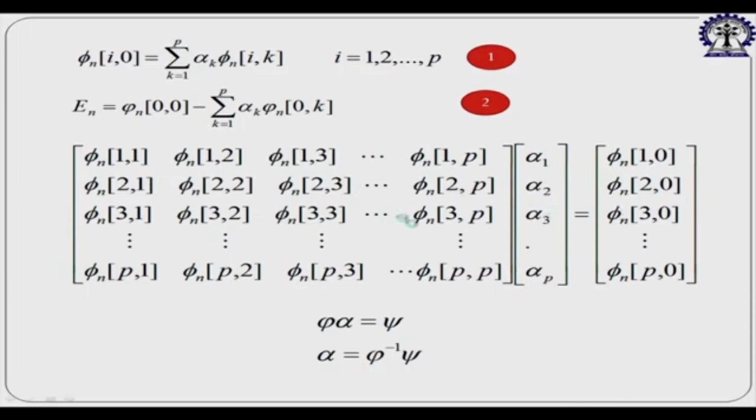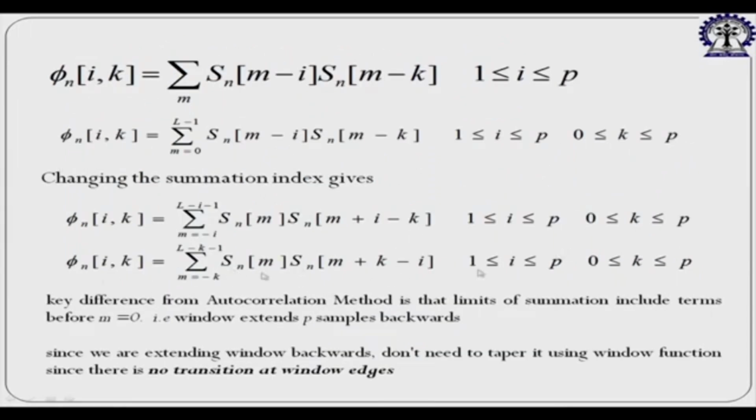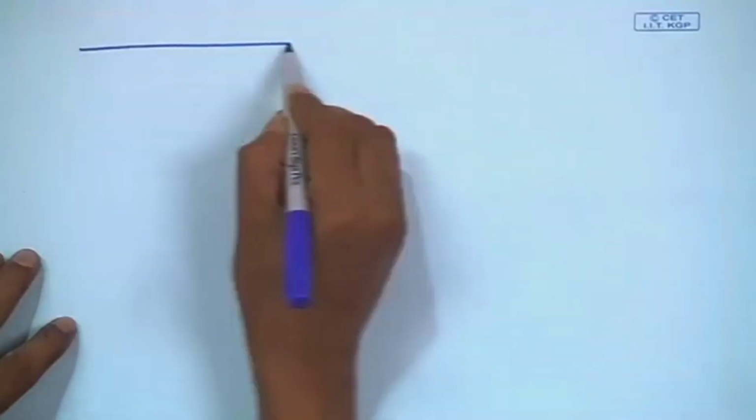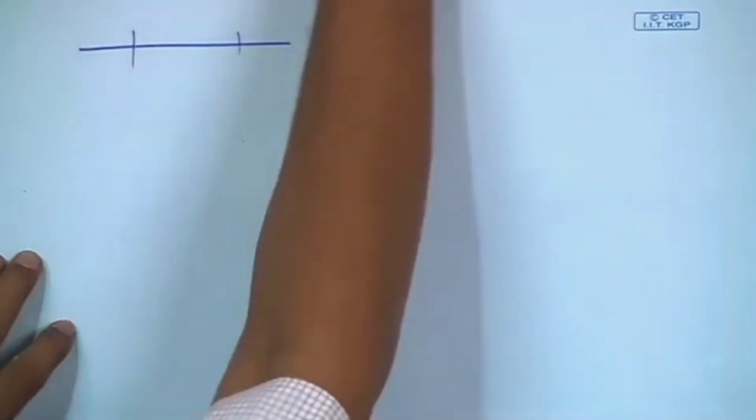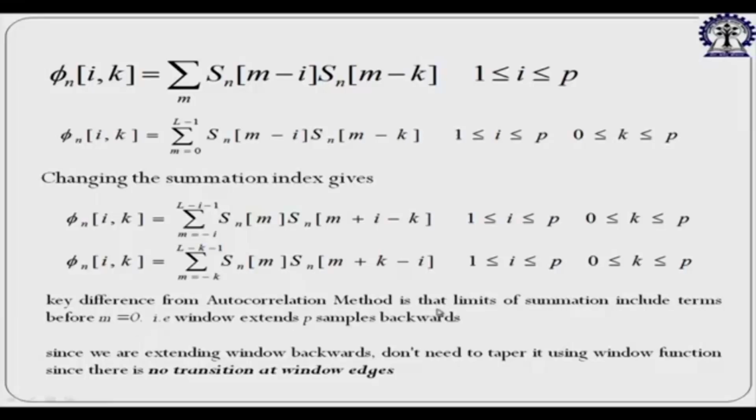Now, the difference is that in this matrix, I have not assumed the signal outside the window is 0. If I take it, a problem will come. The key difference in the covariance method is that the limits of summation include the terms before m equal to 0.